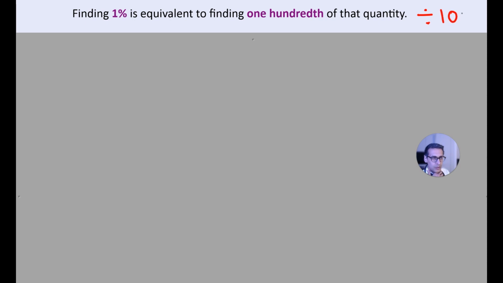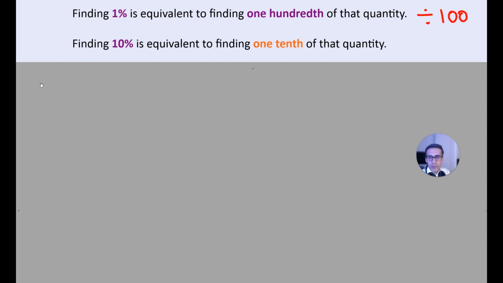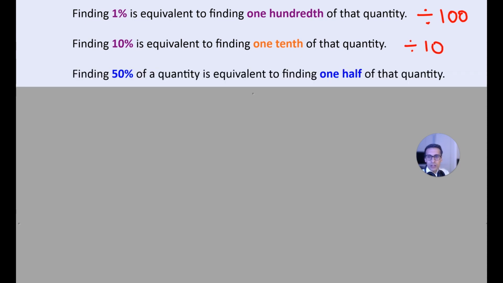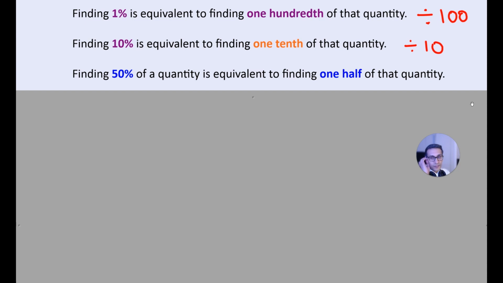So divide by 100 and automatically you have what 1% is equal to. To find 10% of something, it's the same as finding 1/10, which is the same as dividing by 10. To find 50%, it's the same as finding a half, which is dividing by 2.